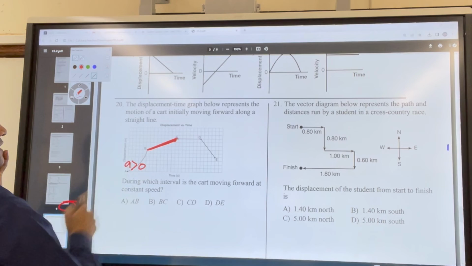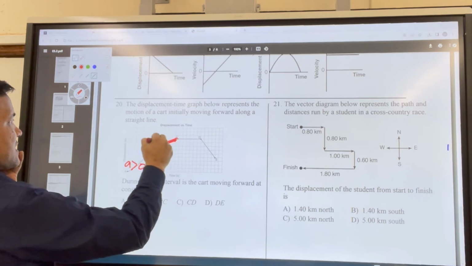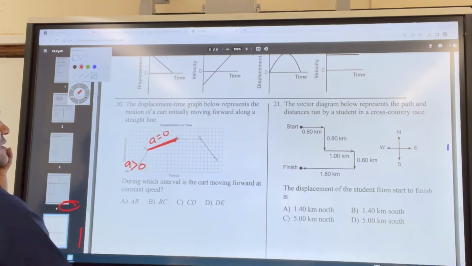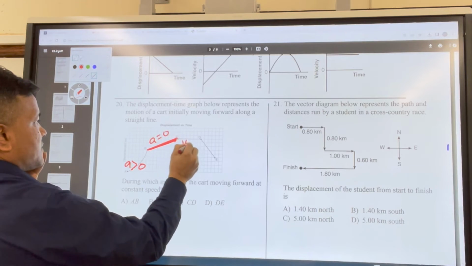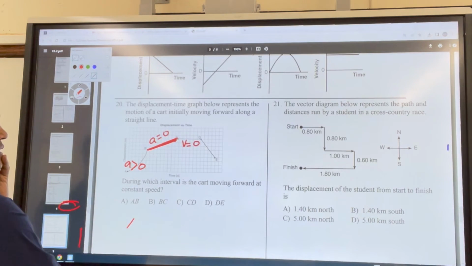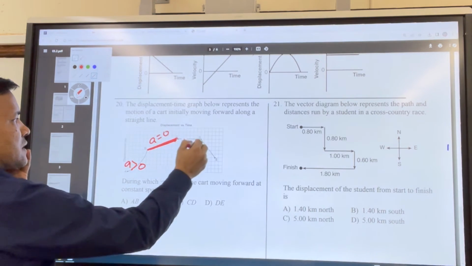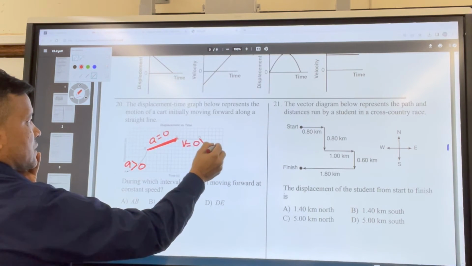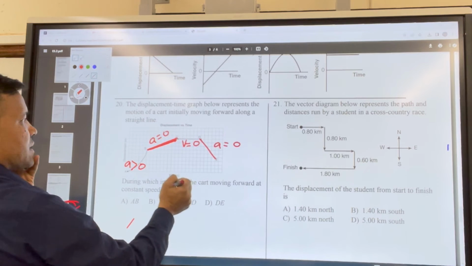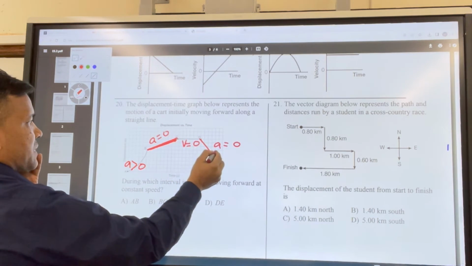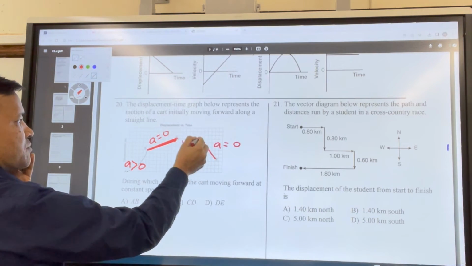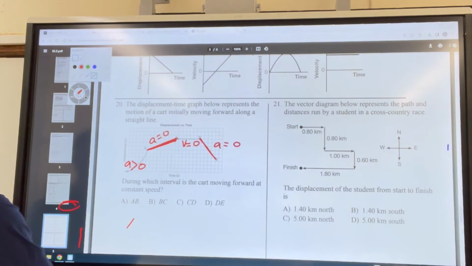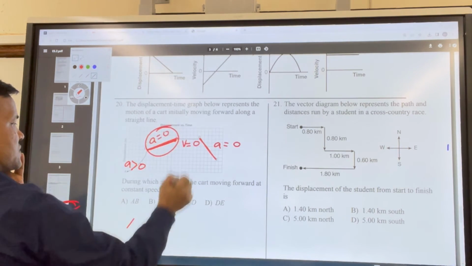This is velocity constant because acceleration is 0. This is velocity 0, the object is not moving forward. Here velocity is constant, but it is not moving forward, it is moving backward. So this is the only choice, B to C.